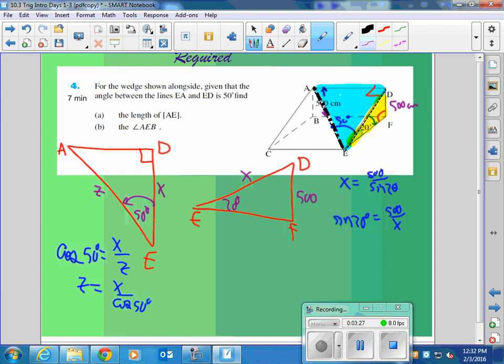Now it says, what is the angle AEB? So with this one, we have yet another triangle to fill in, a green one here.